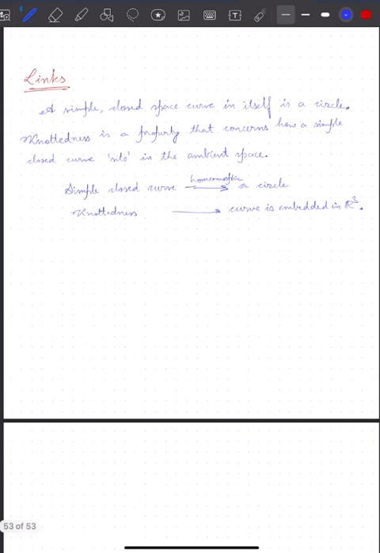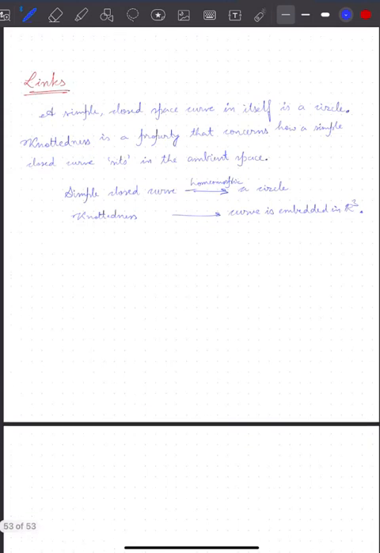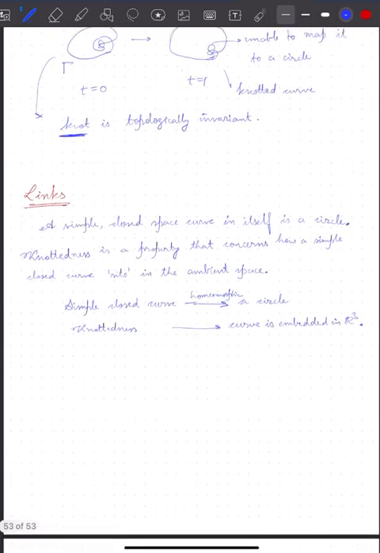Now when we talk about links, Krishna, what is the meaning of the curve being embedded in R3? Yeah. So what happens in knots? I'm sure if you tie a rope to itself by making some twists and turns, then you cannot open it back.